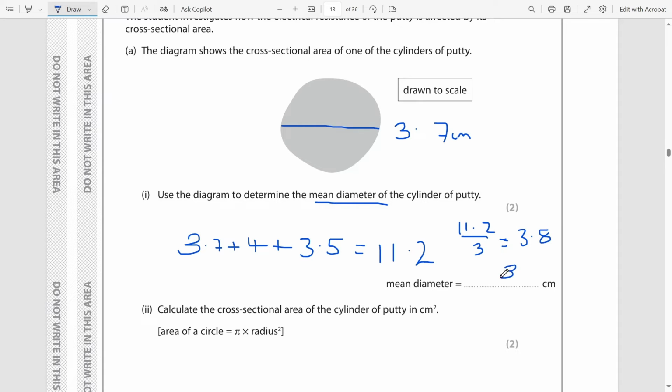So 3.8 centimeters. That's the mean diameter.